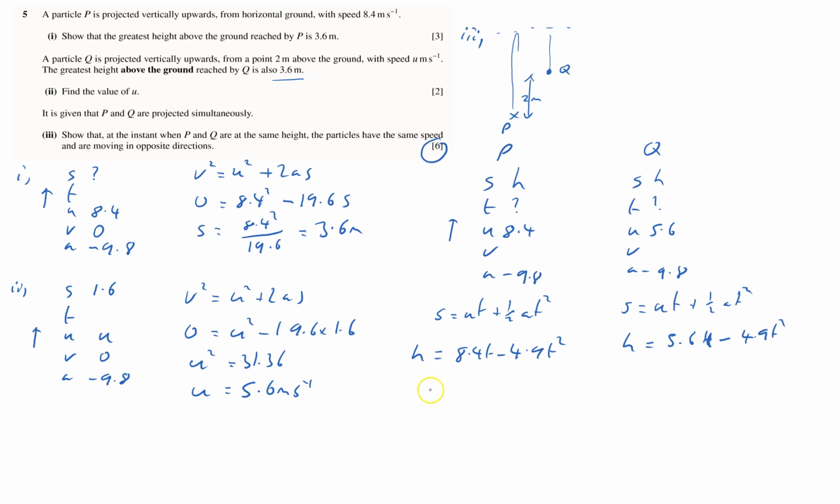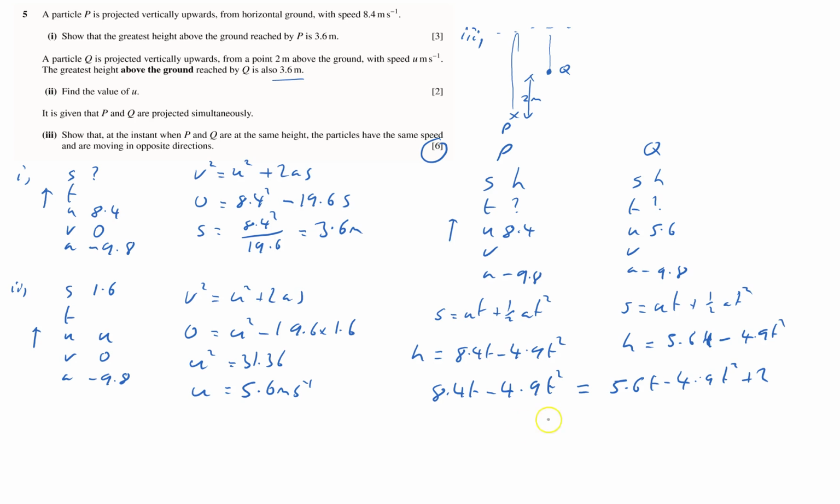So the left-hand height, 8.4t minus 4.9t squared, has got to equal the right-hand height, 5.6t minus 4.9t squared, plus 2, because the one on the right-hand side starts 2 meters higher.